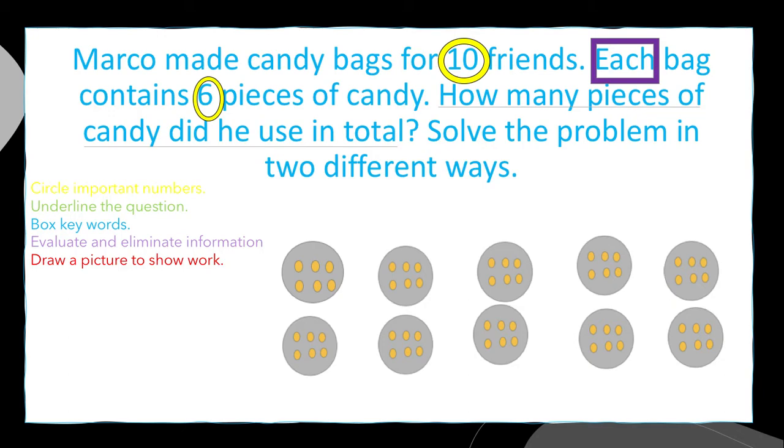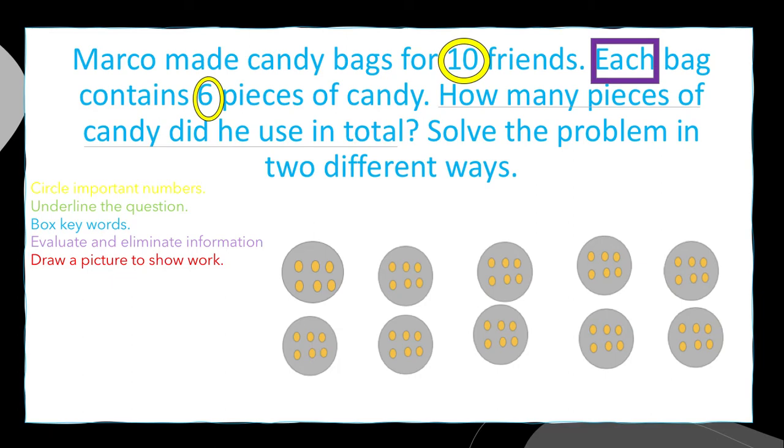What I did next was I drew a picture. Each gray circle represents one friend. I have 10 gray circles. In each gray circle, or each friend, they each got 6 pieces of candy. So we have 6 plus 6 plus 6 plus 6 plus 6 plus 6 plus 6 plus 6 plus 6 plus 6.